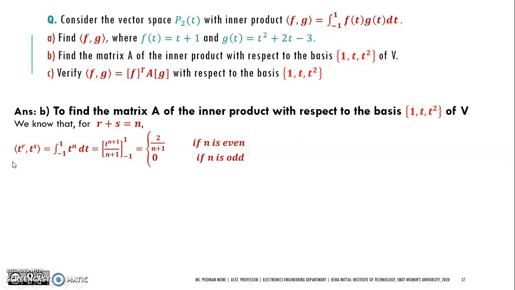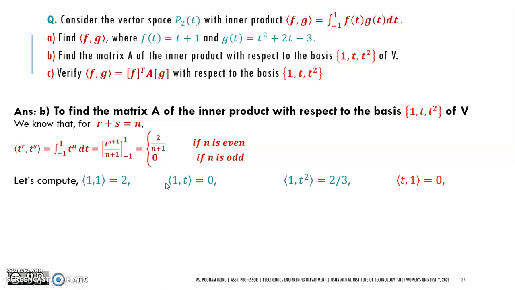So by applying this formula, we will proceed further to find the inner products for the matrix A with respect to the basis 1, t, t square. First we will consider the first vector, 1, which will form the first element of the matrix A, that is the inner product of 1 with 1, which is equal to 2.